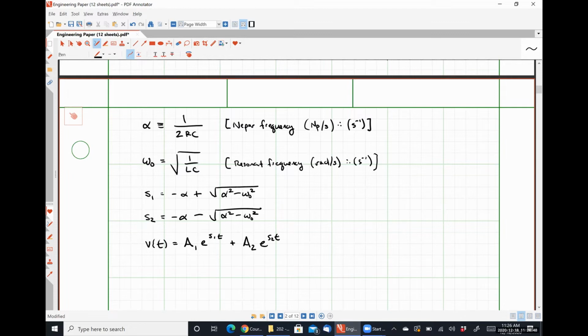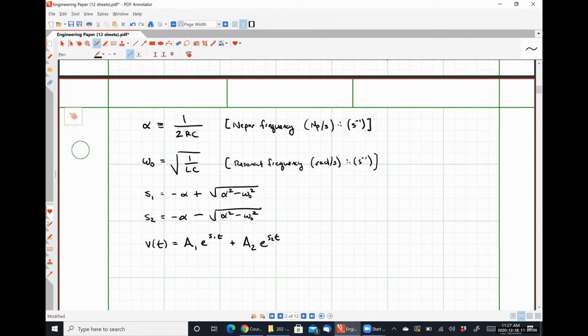Because of the superposition principle, if I have multiple particular solutions, the general solution is simply the sum of all of the particular solutions.